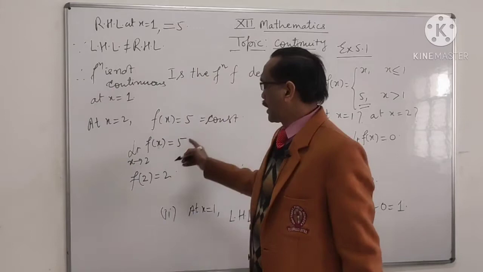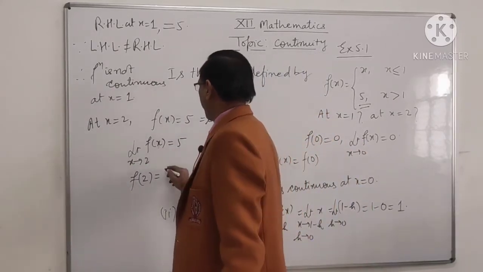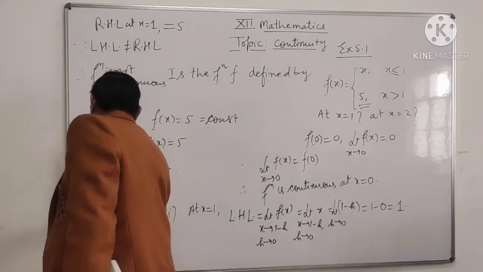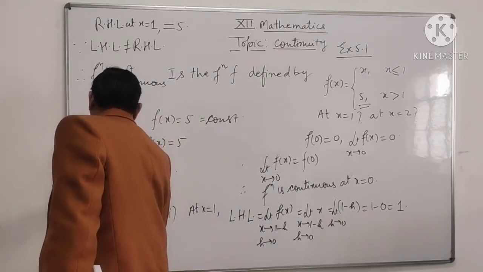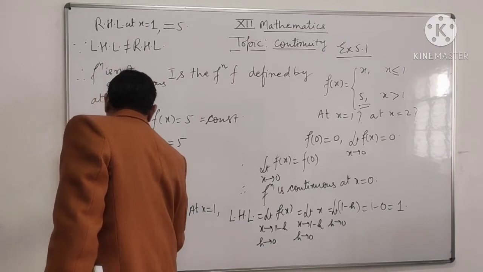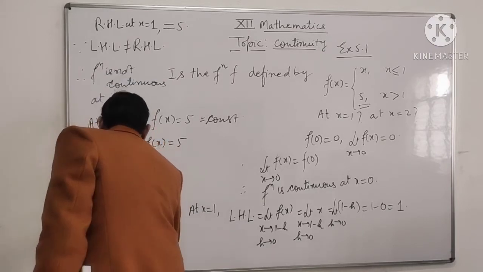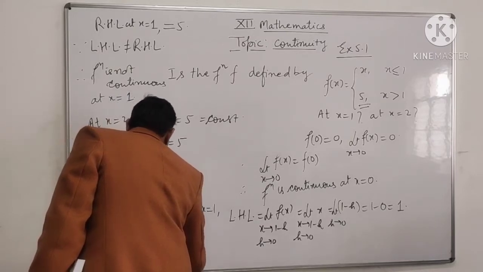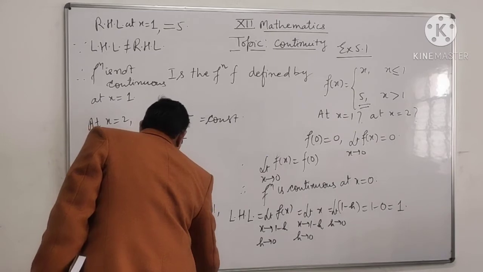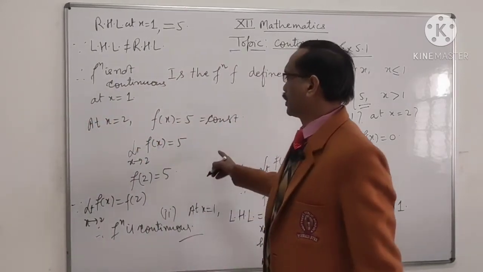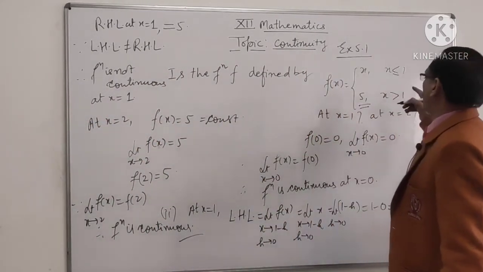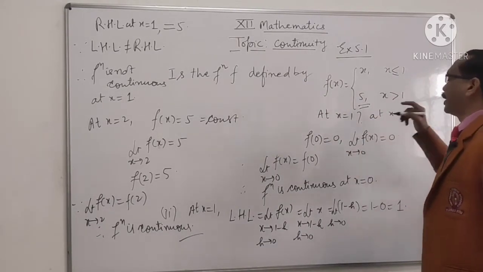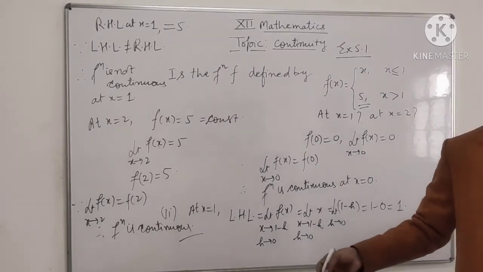Both are equal. Since limit x tends to 2 of f(x) equals f(2), therefore the function is continuous at x equal to 2. It is not continuous at x equal to 1, but it is continuous at x equal to 0 and x equal to 2.